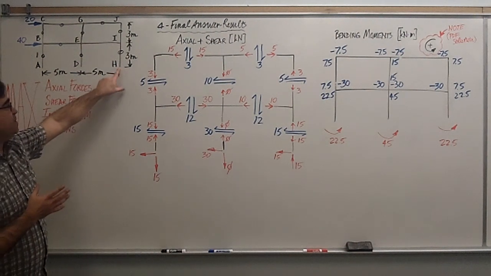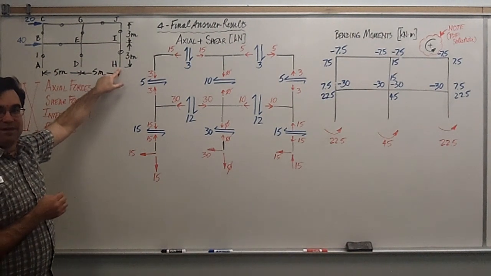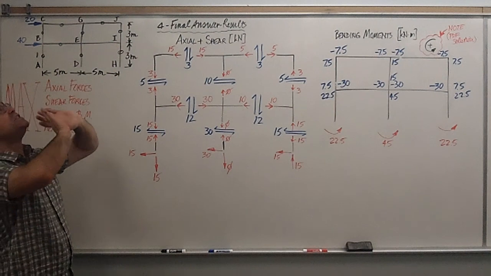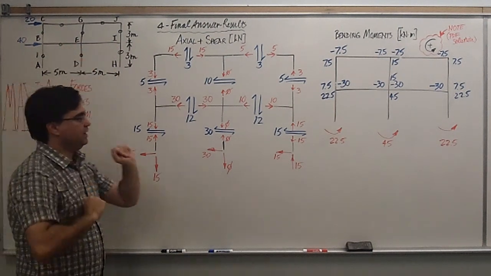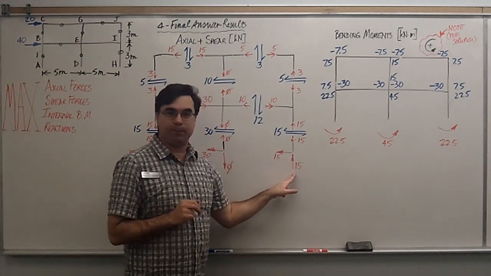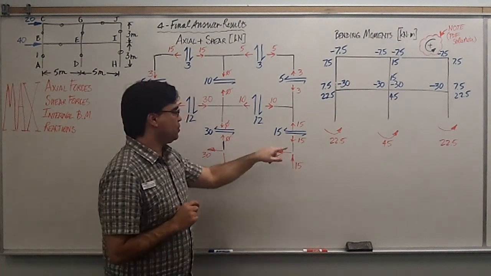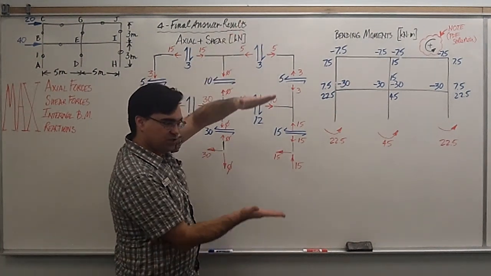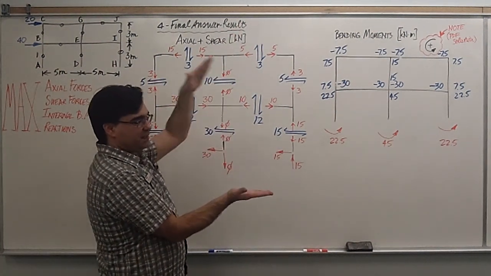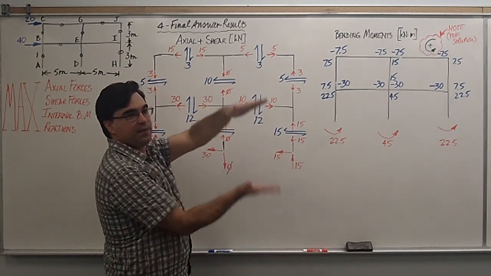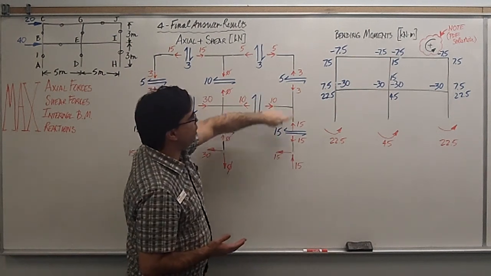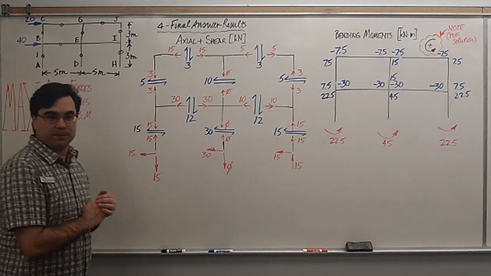So that means that because this can't move, right, it can't go into the ground, it has to push back up as a reaction. And that's what you get right here, a push up. As a result, all of these columns are getting squished, right? Because it wants to tip over, the ground pushes up, and you're getting compression. That's why all of these columns are in compression.